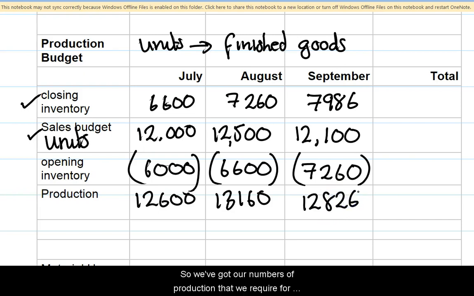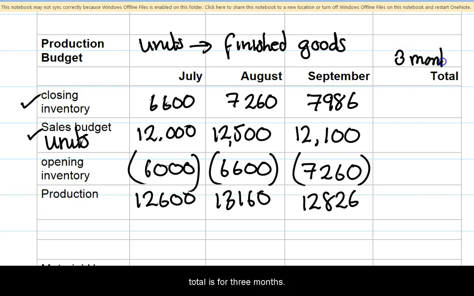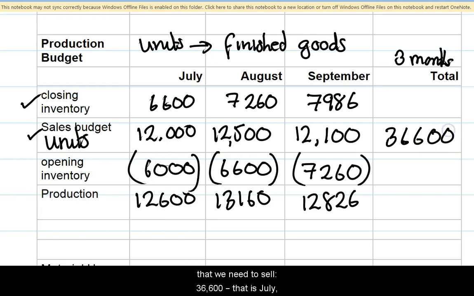So we've got our numbers of production that we require for July, August and September. The total column I would do at the end, because it's very important that you remember that this total is for 3 months. Our units that we need to sell, 36,600, that is July plus August plus September.